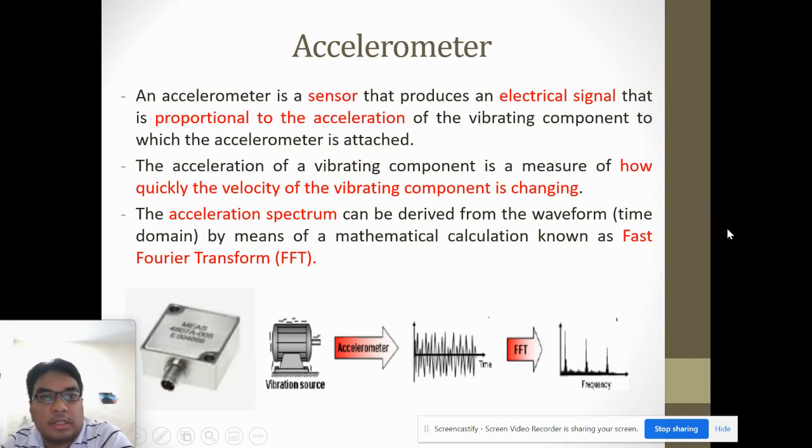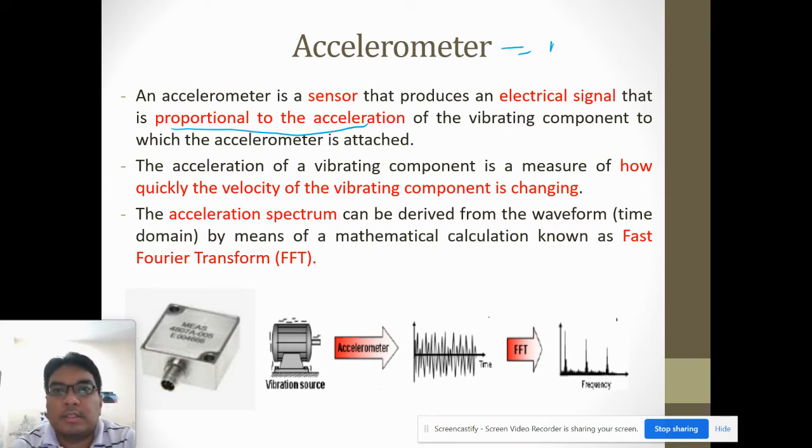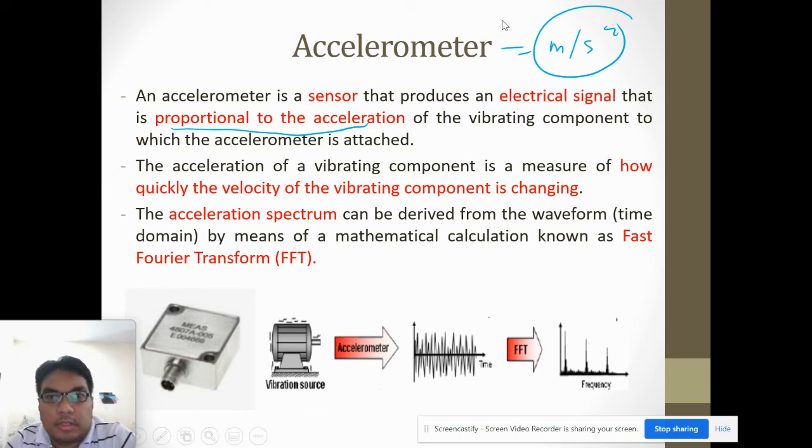Okay, so an accelerometer is a sensor that produces an electrical signal proportional to the acceleration. When we use an accelerometer, it will measure the acceleration, in meters per second squared, of the vibrating component to which the accelerometer is attached.